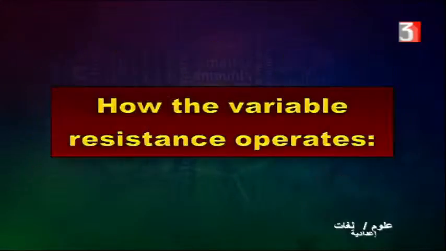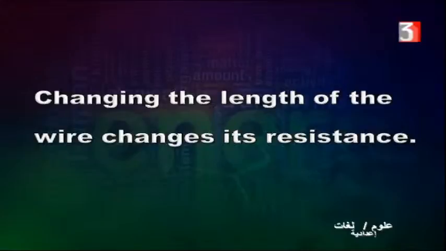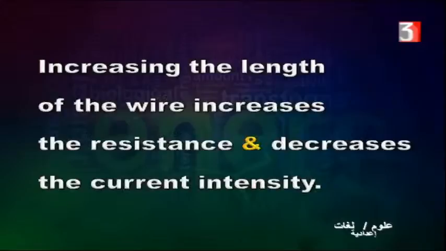Okay, how does the variable resistance or rheostat operate? Let's see the idea. Changing the length of the wire changes the resistance. So, increasing the length of the wire increases resistance and decreases current intensity.